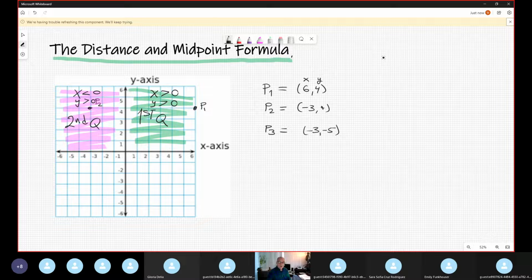Both components are negative. It's here, P3. When a point lies in this region, it belongs to the third quadrant.